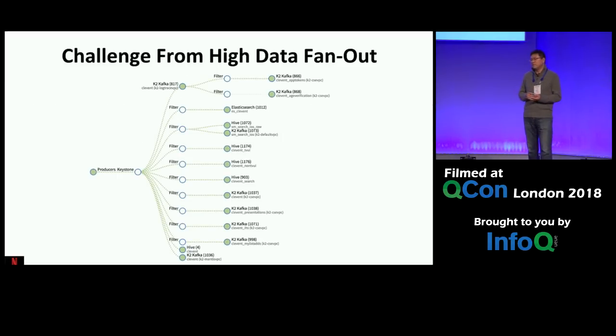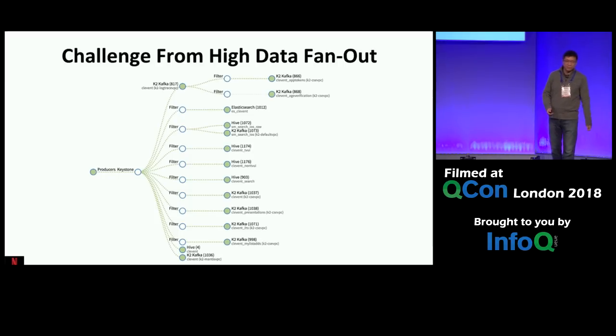So aside from availability and scalability, we find that multiple clusters can also help us deal with the challenge of high consumer data fan-out. I'm going to use this picture to show exactly what I mean.